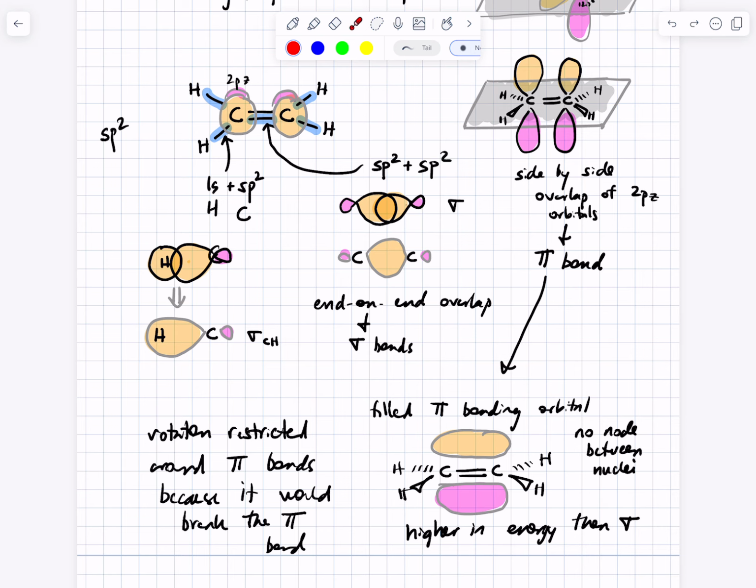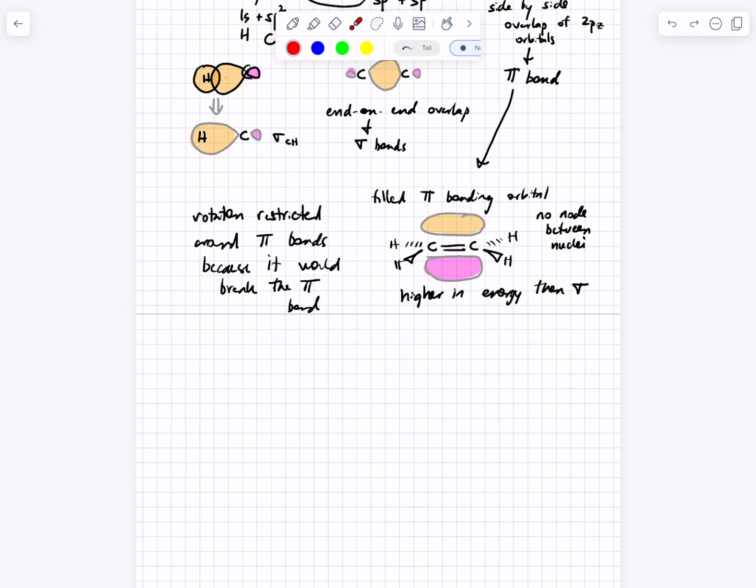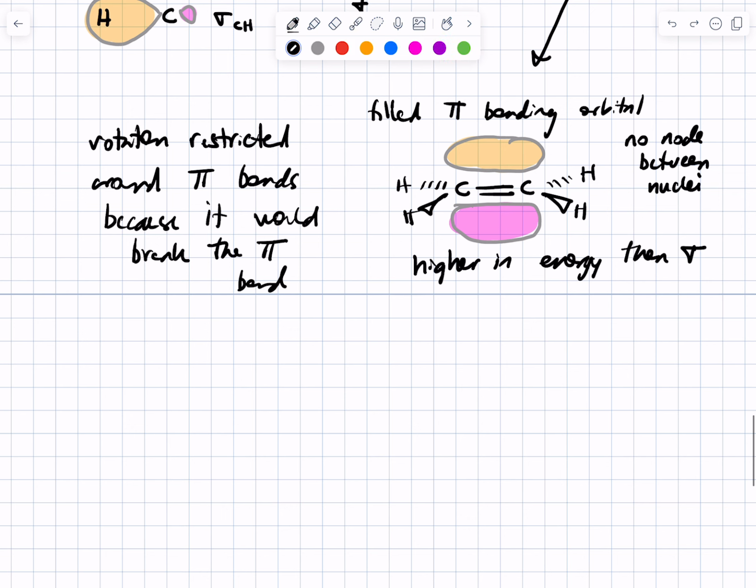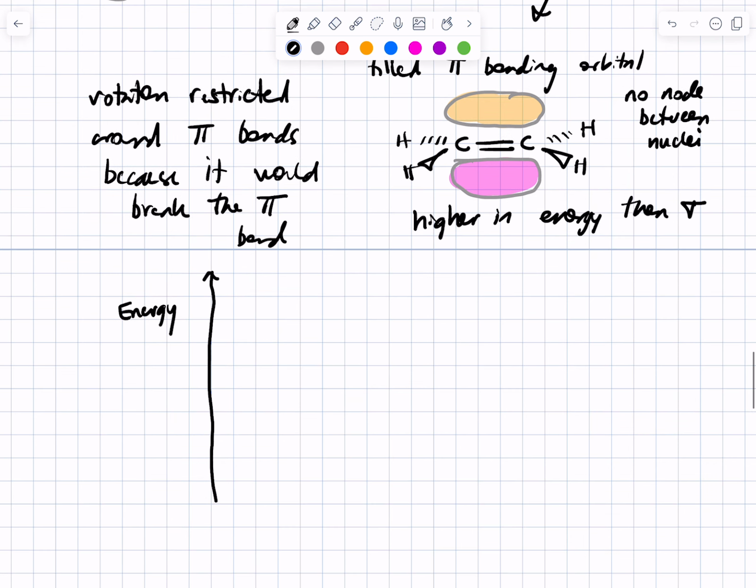That's really important because if we were to plot out the bond energies for the bonding and antibonding orbitals in this molecule ethylene, just keeping track of things, we would say that we have one carbon-carbon sigma bond.